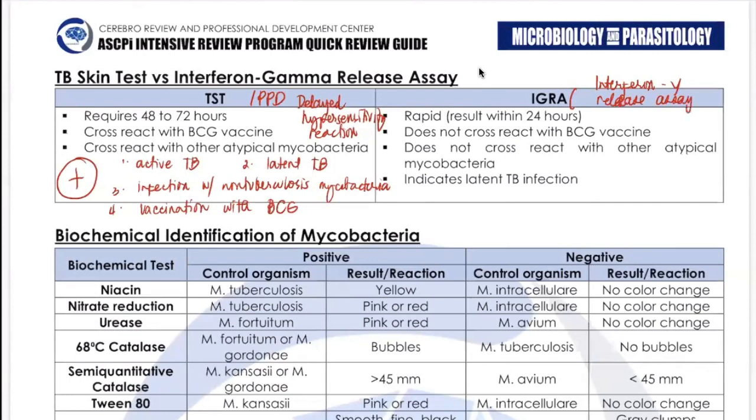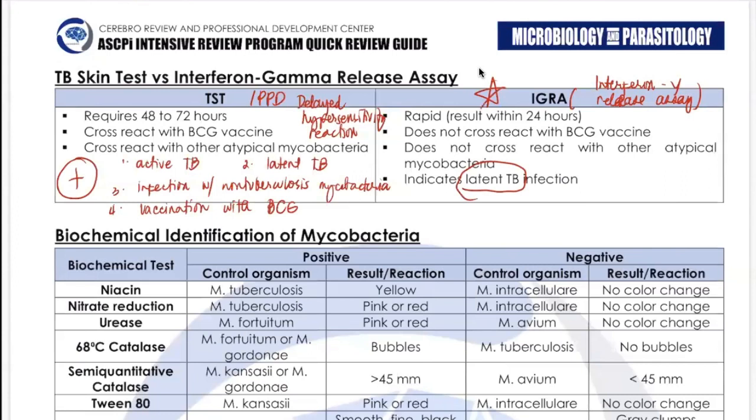Isa sa mga advantage nito, mabilis siya, no? The result can be released within the day. It does not cross-react with BCG and it does not cross-react with other atypical mycobacteria. That's why pag nag-positive ka sa IGRA, automatically meron ka talagang latent tuberculosis. Okay? So take note ha, recall question yung IGRA na yan.